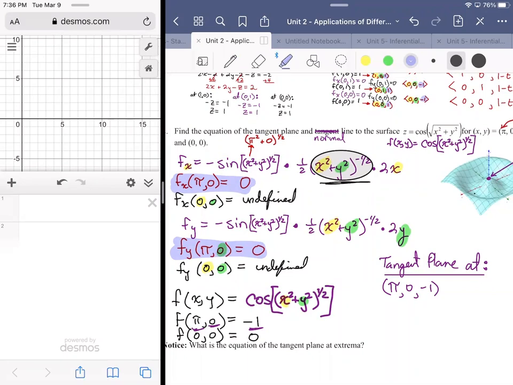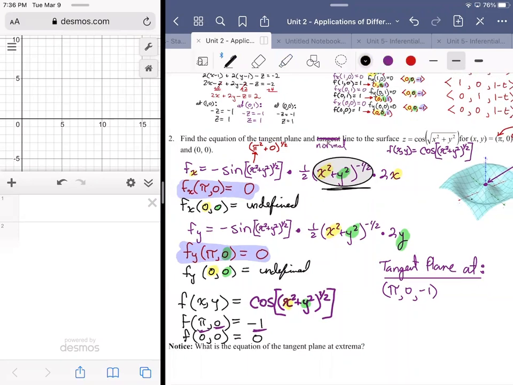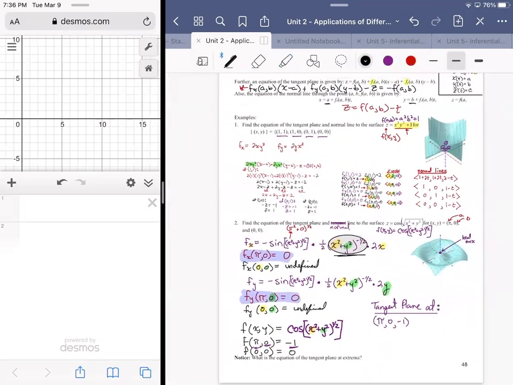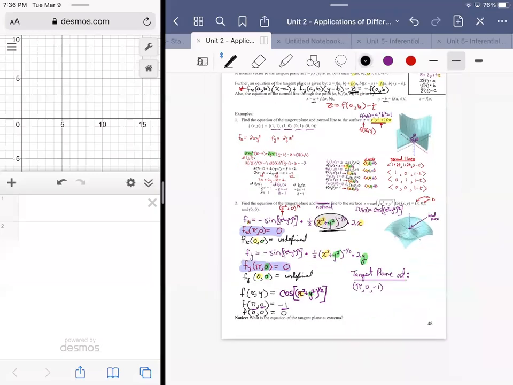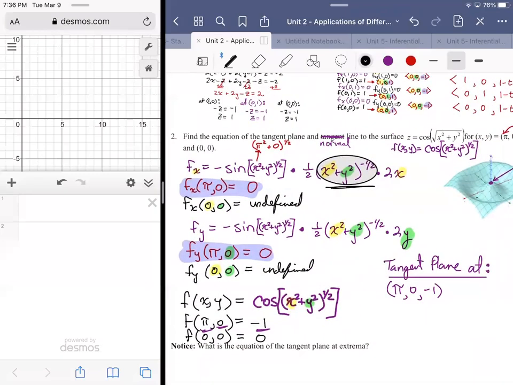You see in both cases it's equal to 0. Right. So then we're looking at a -z is equal to -f of ab. Right. So -z is equal to -1, so +1. So z is equal to -1.